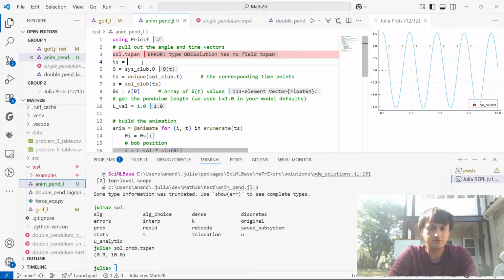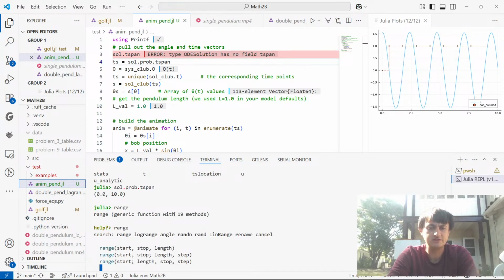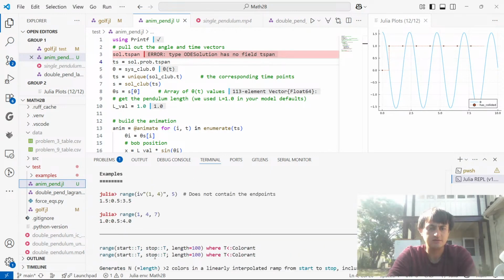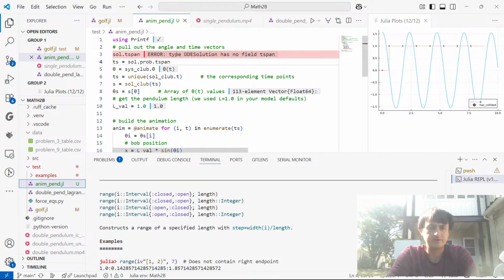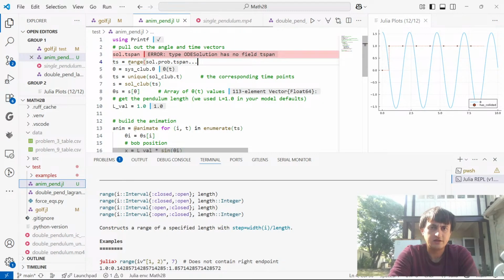So we can just do, and then I think, can't you do lin space range? What does range do? Does range take a step? Or does lin space take a step? Oh, it does. So we can do range. So T is equal to range this step equals 0.01.